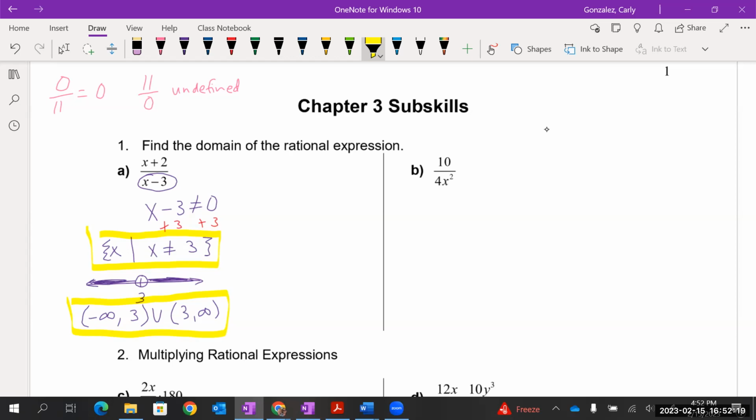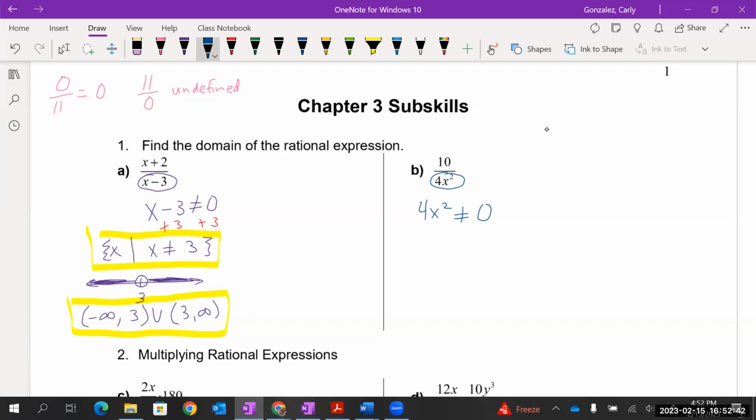Now let's look at the next expression. We have 10 divided by 4x squared. Again, if we're looking to find the domain, all we need to do is ensure that the denominator does not equal 0. So 4x squared cannot equal 0.